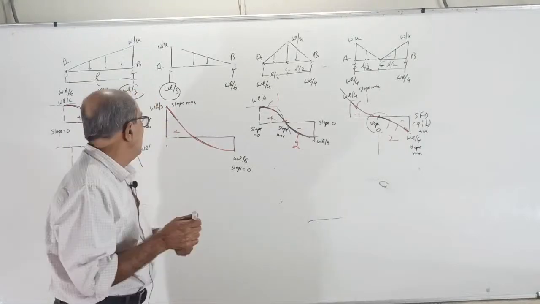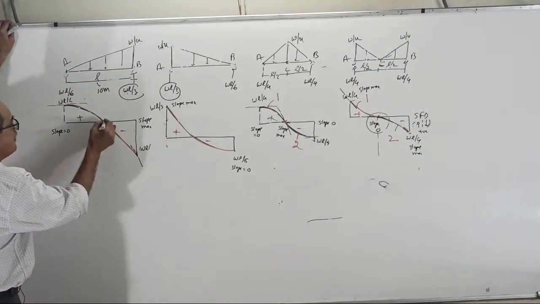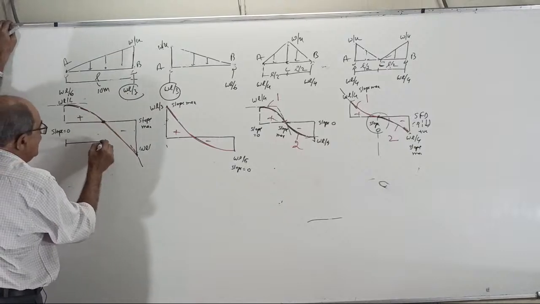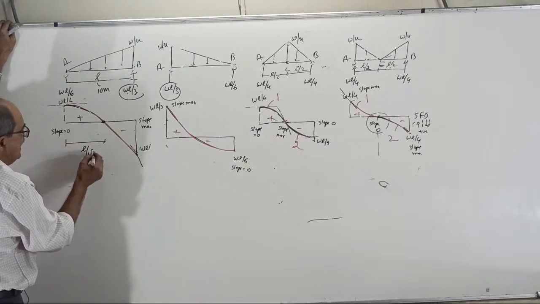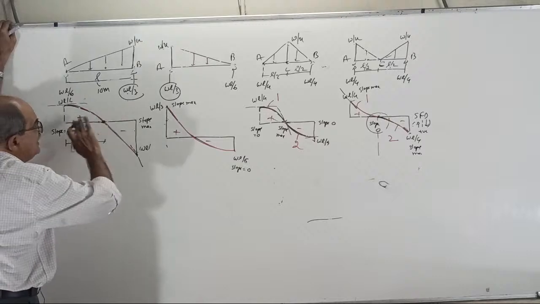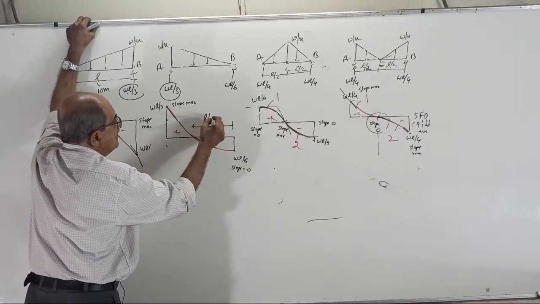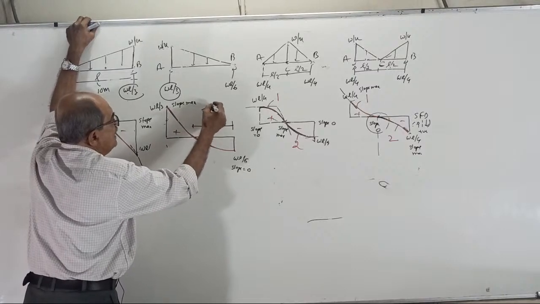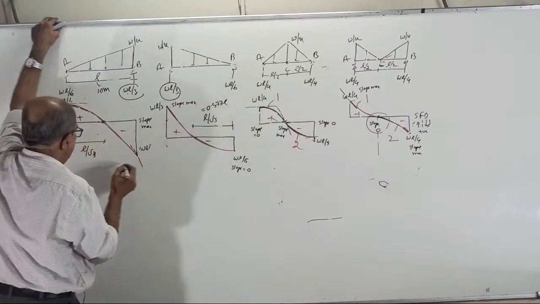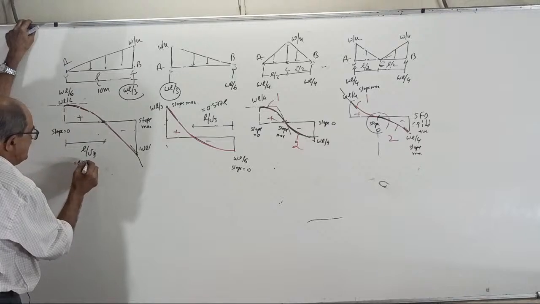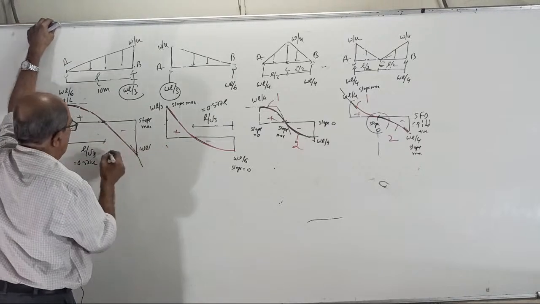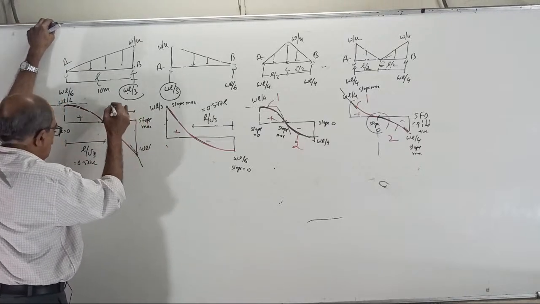I will not tell how to do it because it is out of scope for today. This will be L/√3 from here. That is a little more than the midpoint if you go this way. Here, from here L/√3. L/√3 is around 0.577 L. The other is around how much? 0.4.